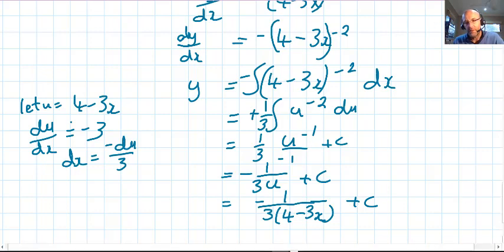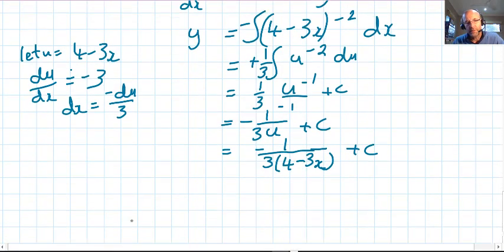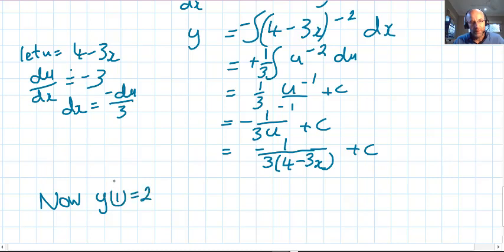Now, to get the c, we use that given bit of information. So that given bit of information was y of 1 equals 2. So that means when x equals 1, y equals 2. So remember, we've got our general solution now to turn into a particular solution.